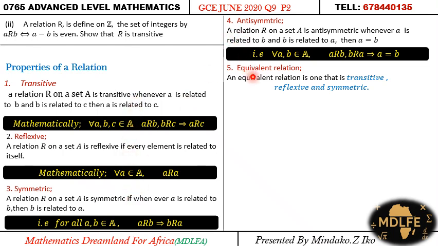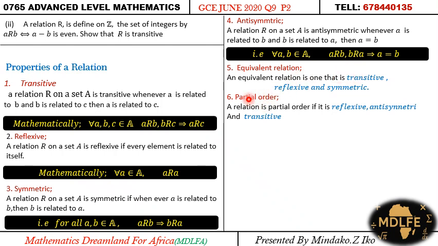A relation is said to be an equivalence relation if it is transitive, reflexive, and symmetric. So you may be asked to prove these.